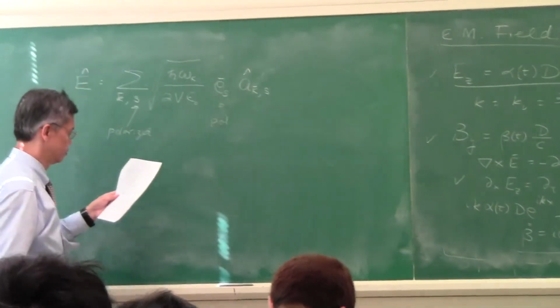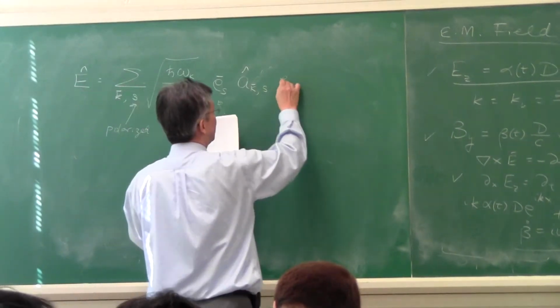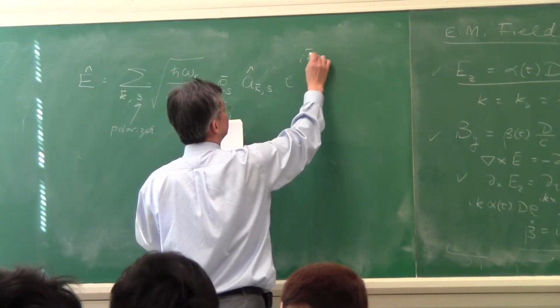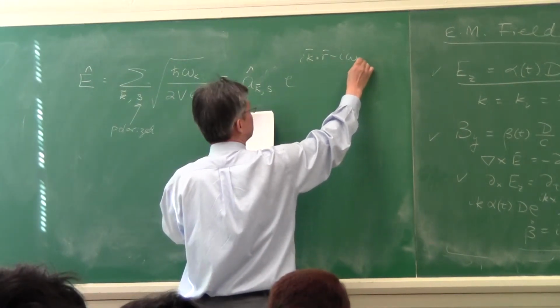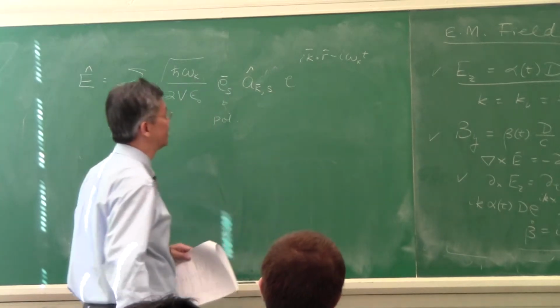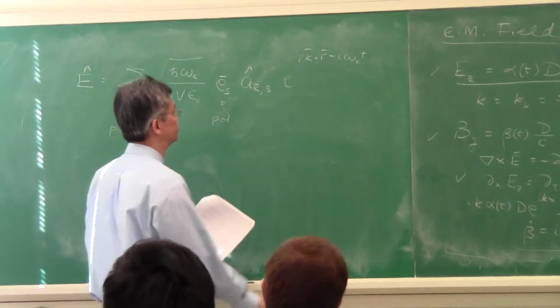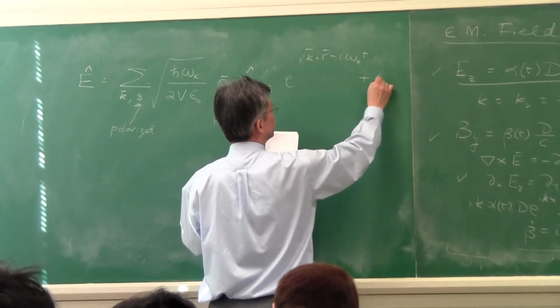Okay, this is the polarization. Okay, and then times a plane wave. The plane wave can be written as k dot r, and then omega and k are related in that manner. Okay, plus its complex conjugate.